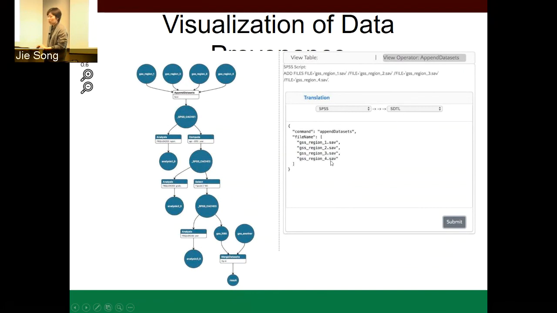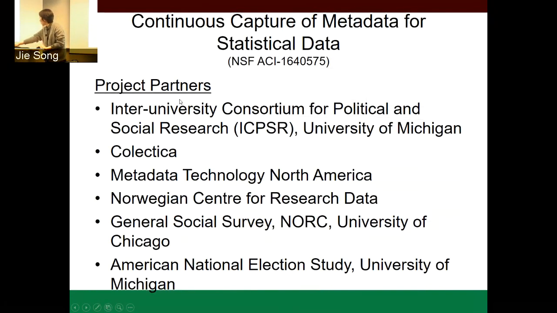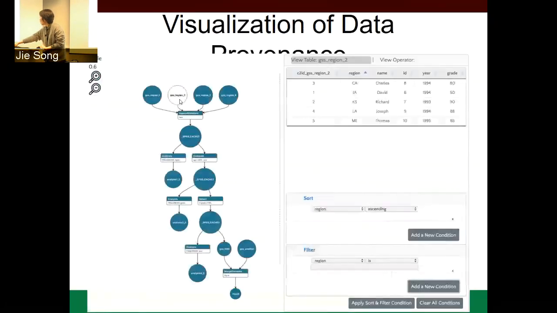This is the corresponding translation. This is a view table. As we have clicked on this dataset node, it will show the current content of the dataset. Some other functionality we have provided are sort and filter. The user can get a better understanding of what is actually in this current step dataset.